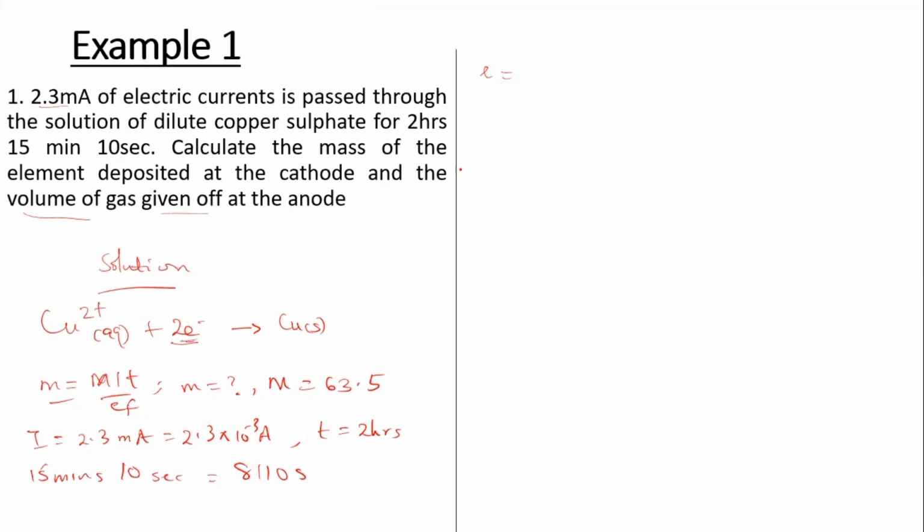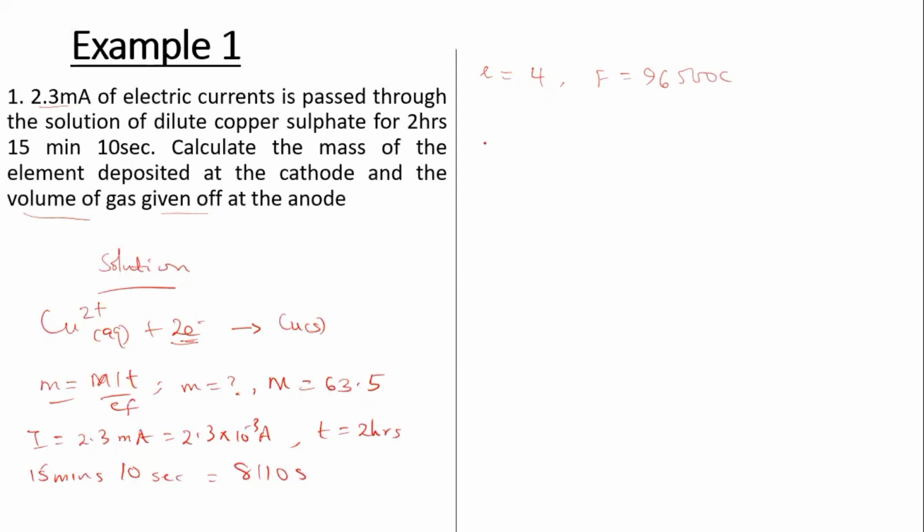So the coefficient of electron in the balanced equation or in the electrolytic equation is going to be 2. And F is the Faraday's constant, which is going to be 96,500.